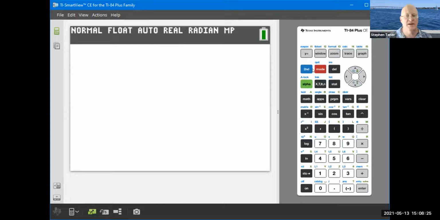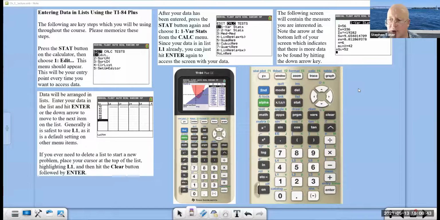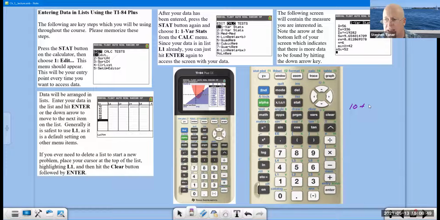One little thing I want to mention is sometimes your calculator may give you the wrong answer, but it's not the calculator's fault. It might be your fault. Okay, so let me switch back really quickly to this blue screen here, and let's pretend I wanted to do the following calculation. 10 plus 14 divided by 4.